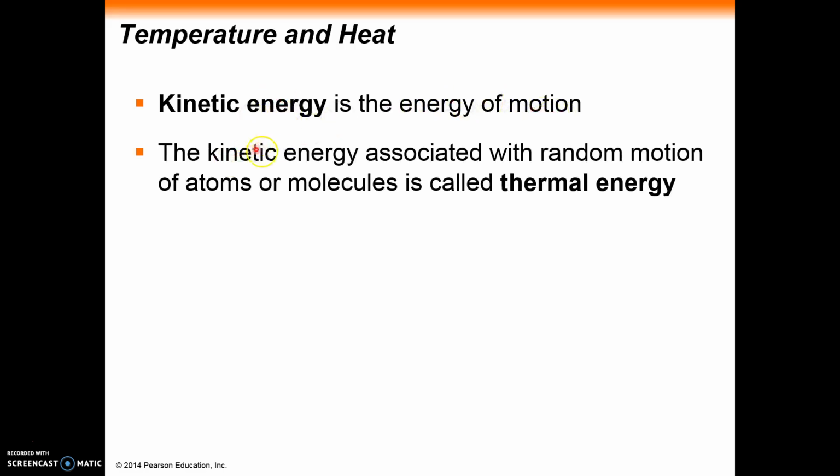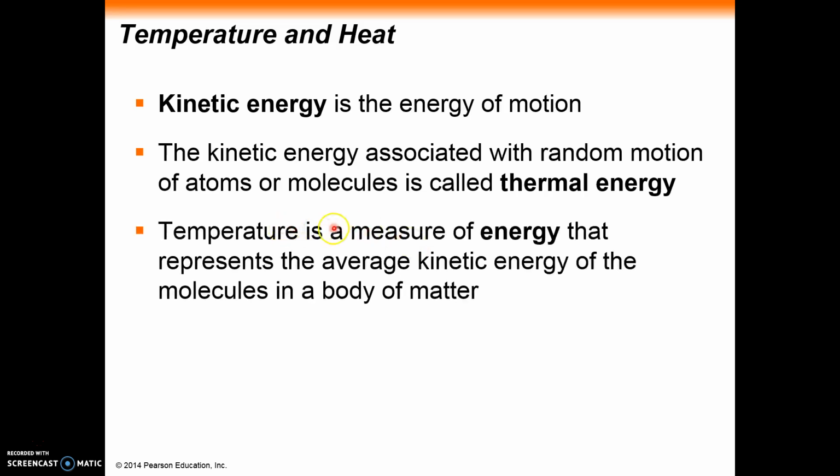When we talk about kinetic energy associated with the random movements of atoms or molecules, we call this thermal energy. Molecules that are sitting around aren't just static, they're actually shaking all about. If they shake slowly, it's because they have a little bit of thermal energy. If they shake a lot, it's because they have a lot of thermal energy. Temperature is simply a measure of that energy.